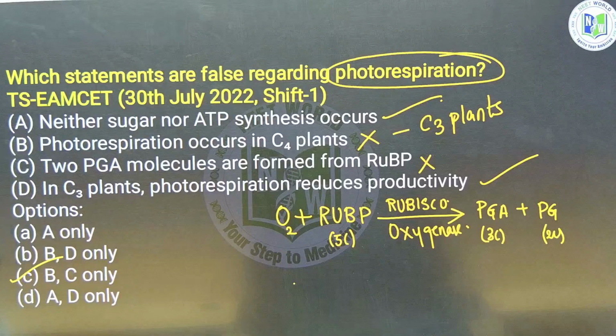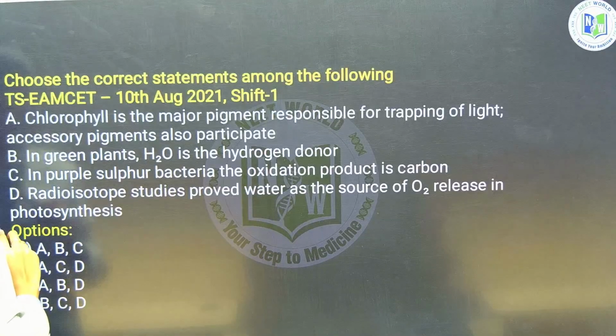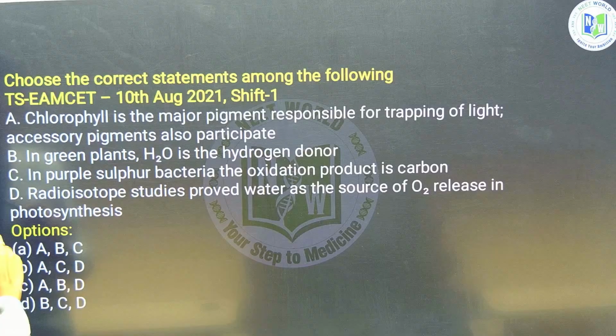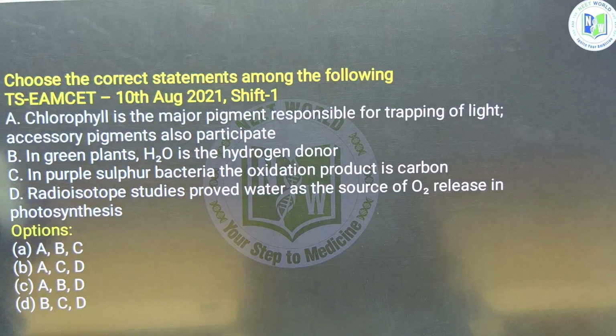Clear? Any doubts anywhere? Next question. Choose the correct statements among the following. Chlorophyll is the major pigment responsible for trapping light.